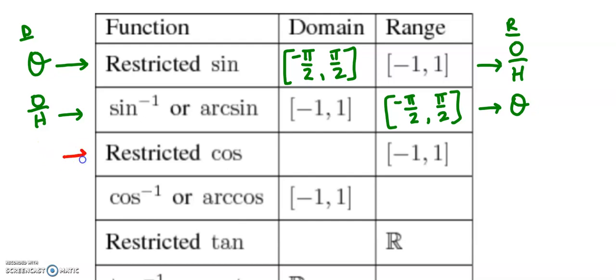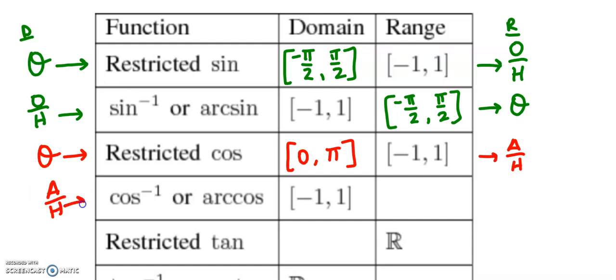For cosine, you take the cosine of theta. We're going to look between 0 and pi. That spits back for us the ratio equivalent to the adjacent over the hypotenuse. That's the CAH part of SOHCAHTOA. Well, then the inverse, in goes a ratio, out comes an angle between 0 and pi.